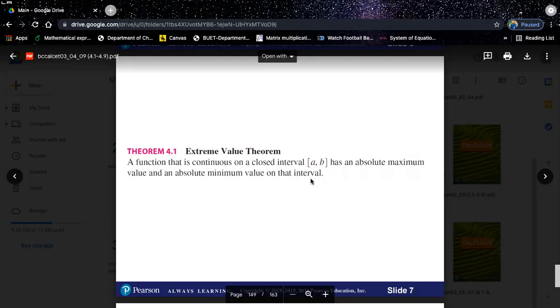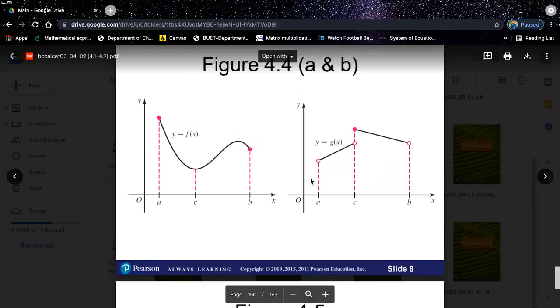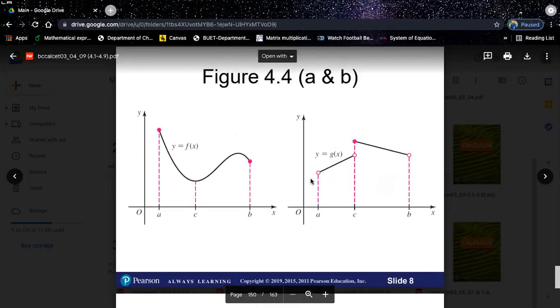Then on that interval, definitely I can say that it has an absolute maximum and an absolute minimum. Again, I'm repeating, on that particular interval. It could be different for that same function in another interval, but on that particular interval, we can conclude using this theorem.